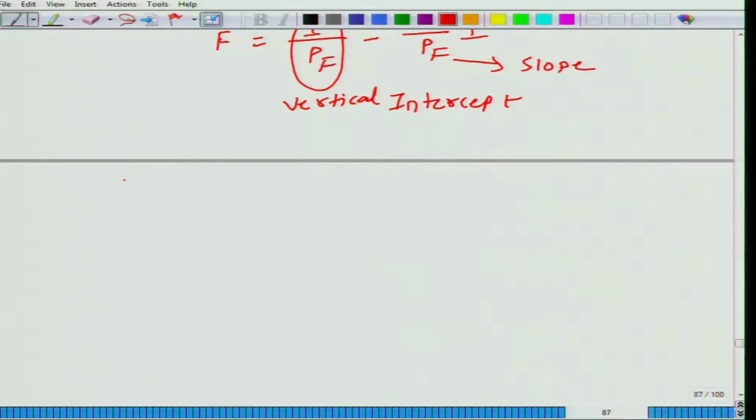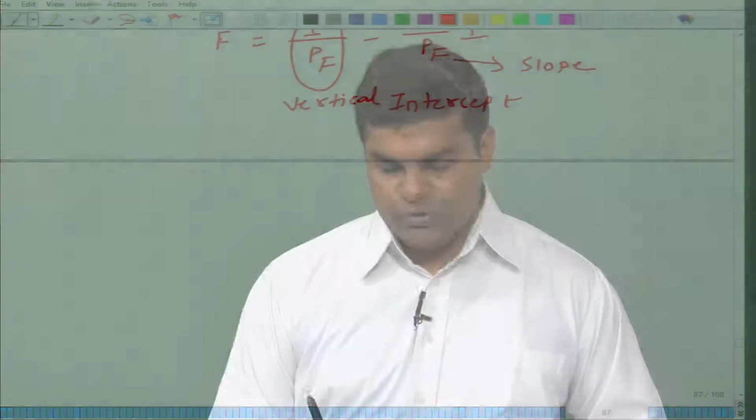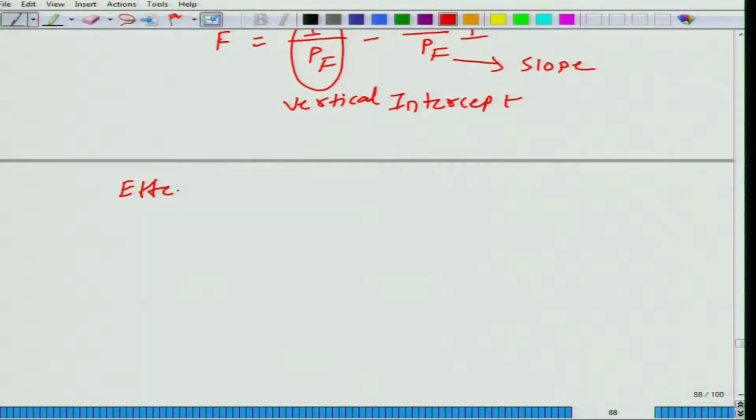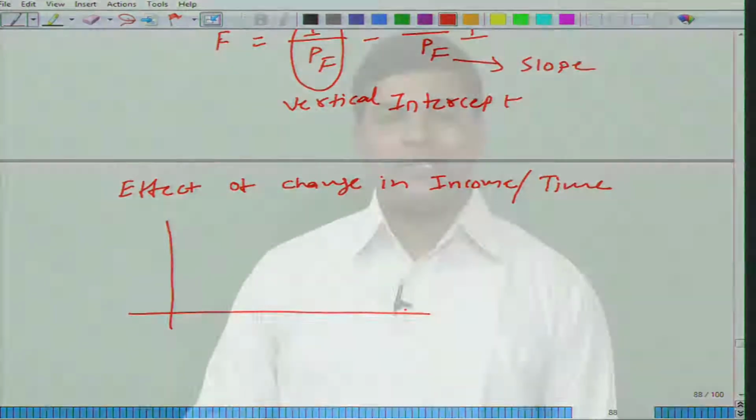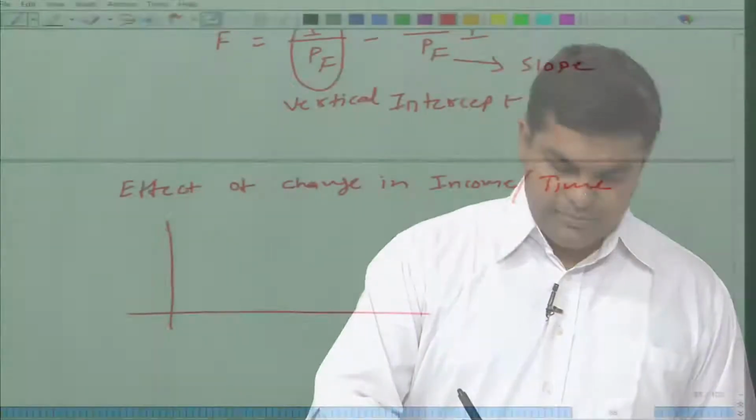What happens when you have more resources at your disposal? Effect of change in income or time from our example case. What happens in that case? Of course, when I am talking about this, I am talking ceteris paribus, that the price of fish and price of coconut are the same, they do not change.